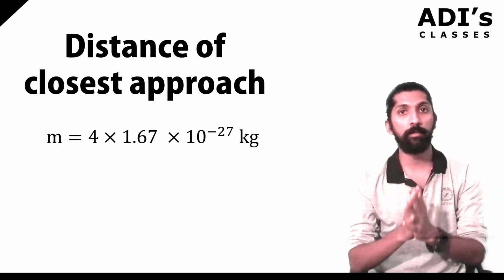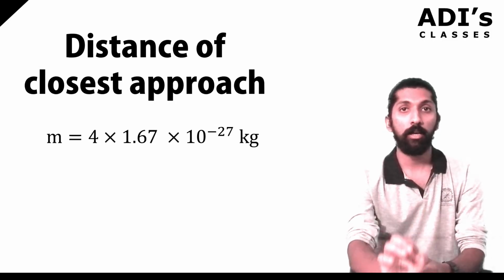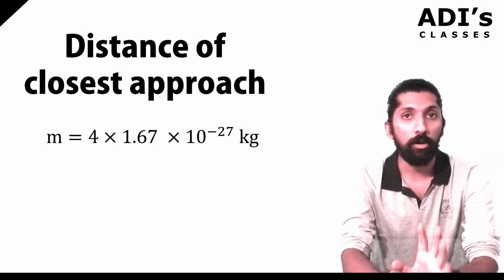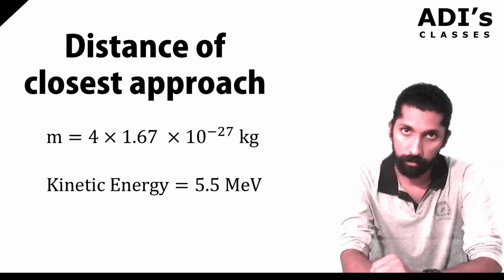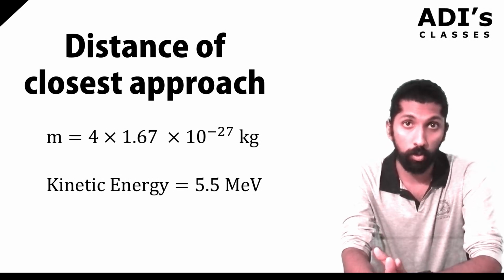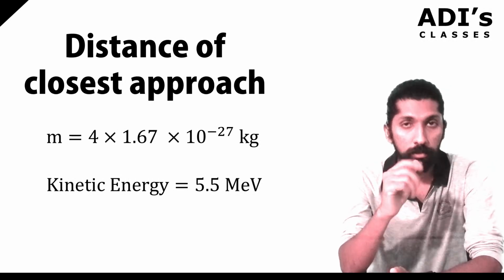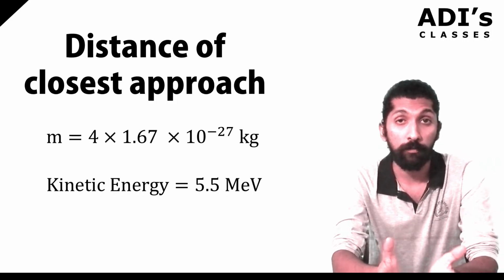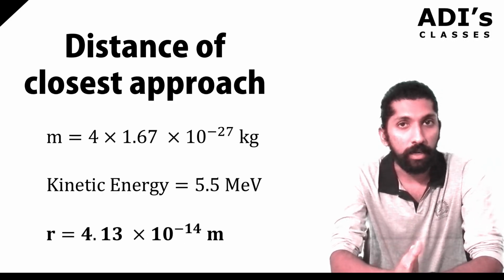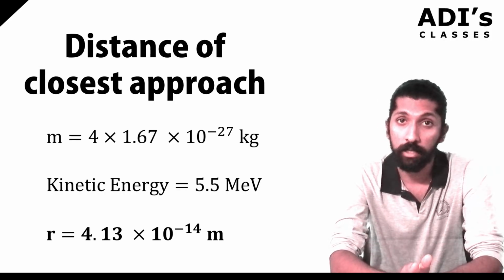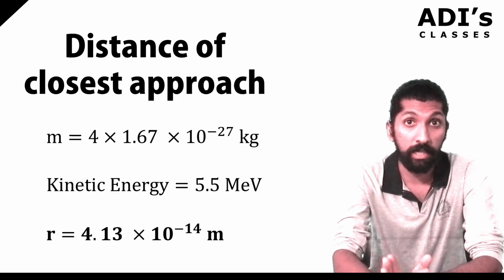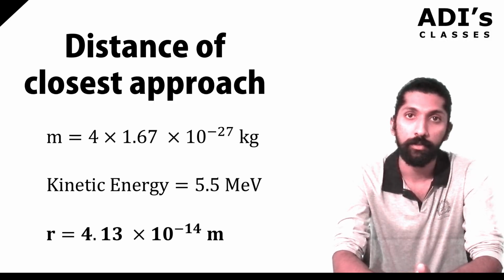Now, for the experiment Rutherford used, he used an alpha particle with an energy of 5.5 mega electron volt. We can convert that in terms of joule. When we substitute that in the formula, and of course the Z value is 79 for gold, we'll get the radius around 4.13 into 10 to the power of minus 14 meter.